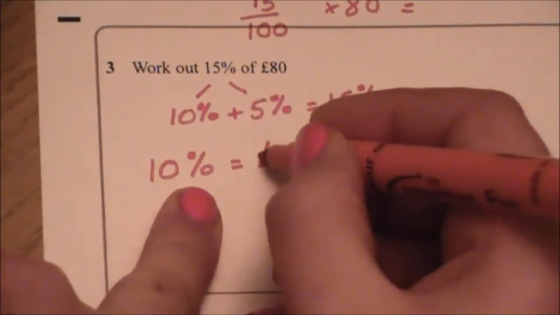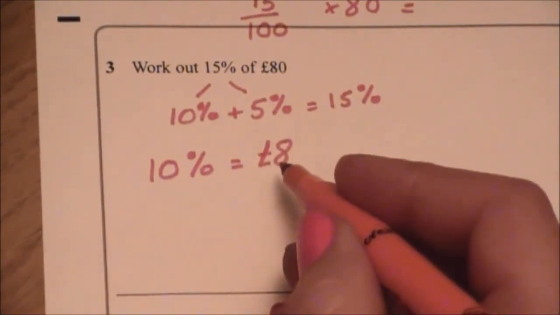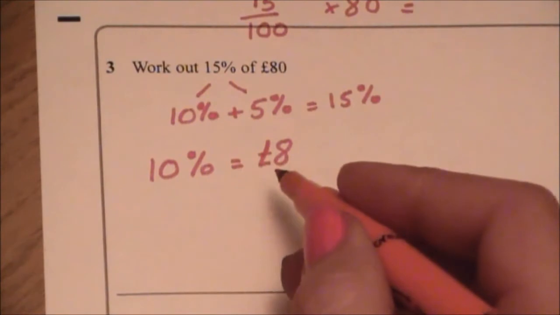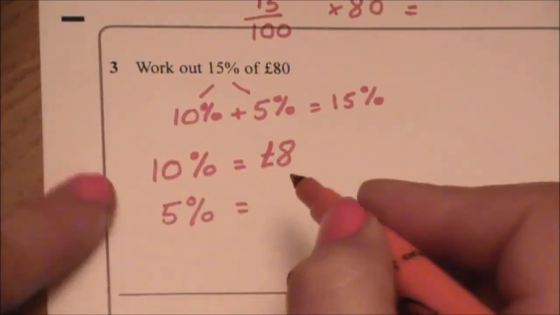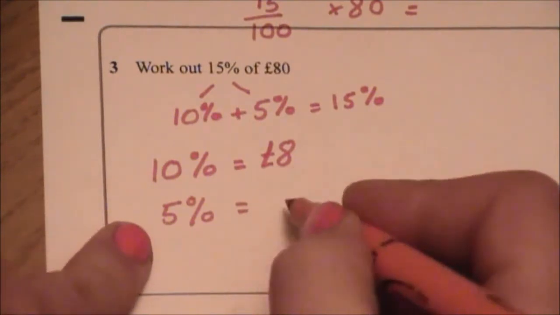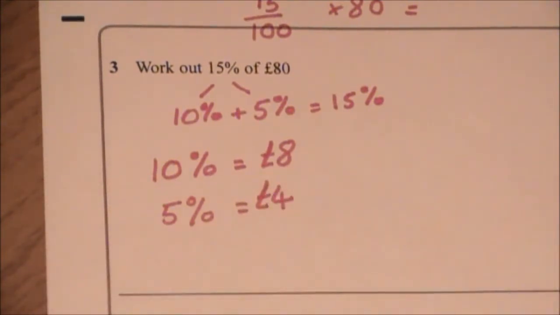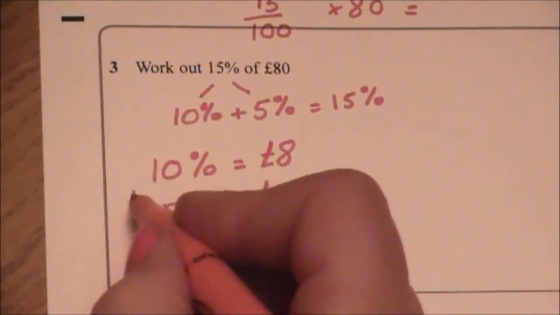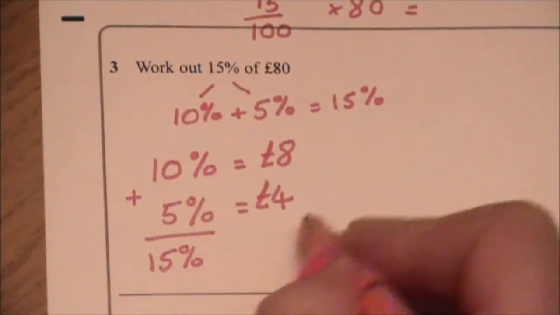Now £80 divided by 10 gives me £8. So 10% is worth £8. I can then halve that, because half of 10 is 5, so half of 8 is 4, so 5% is £4. Now I can add them together to give me my 15%.